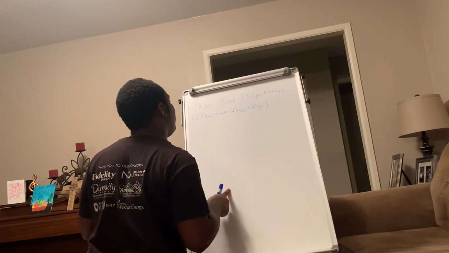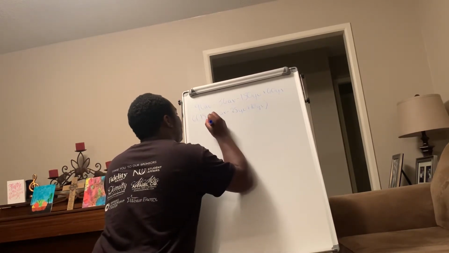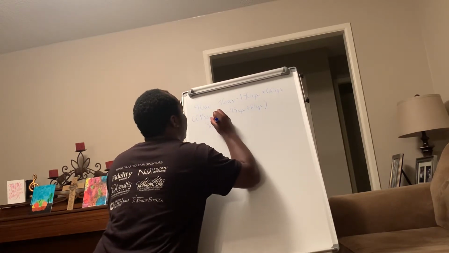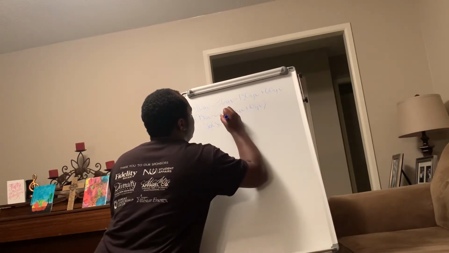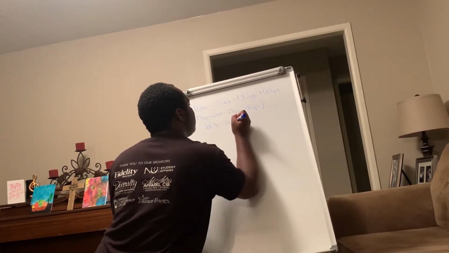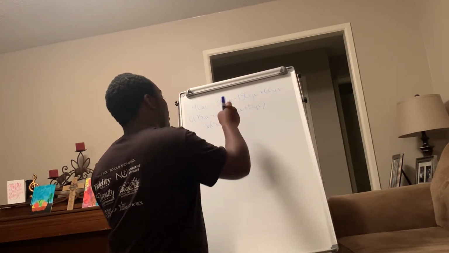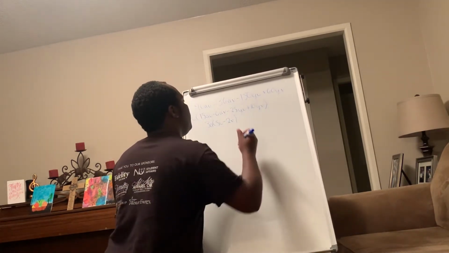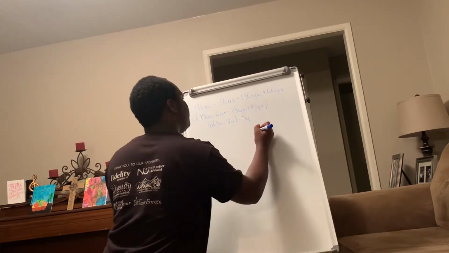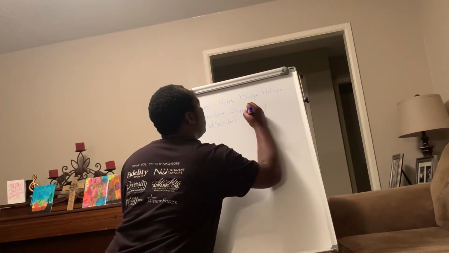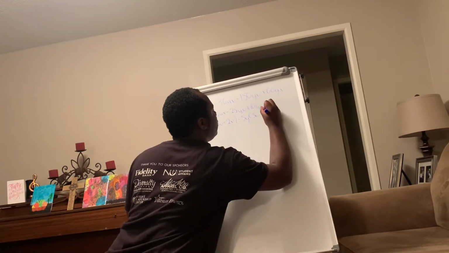These two have 3a in common, so I'll do 3a, and I'm left with 5u minus 2v. Between these two, I have 5y in common, and this is a negative, so I'm going to bring the coefficient down. So it'll be minus 5y, and then it'll be 5u minus 2v.